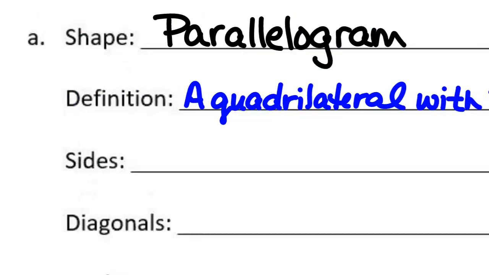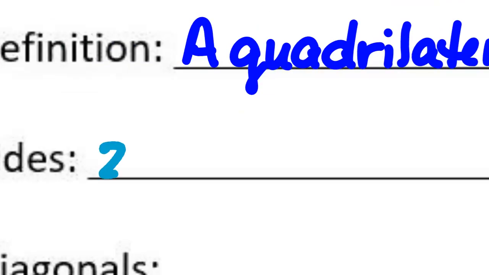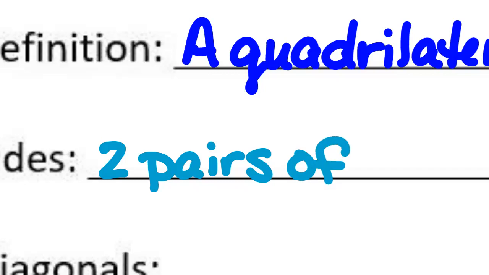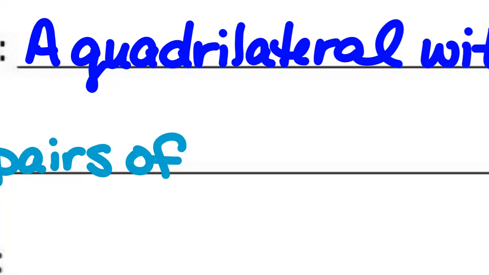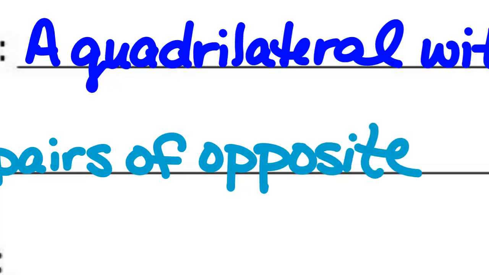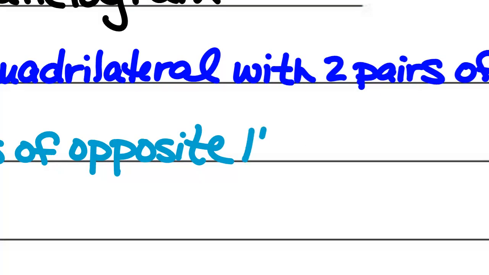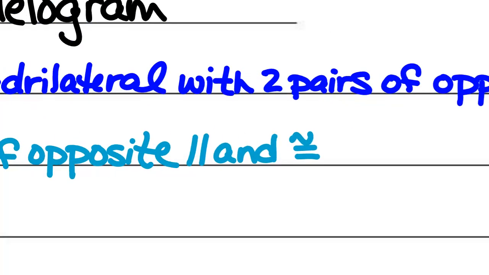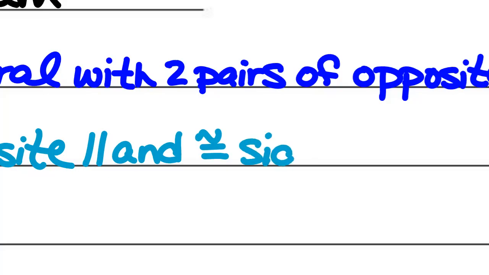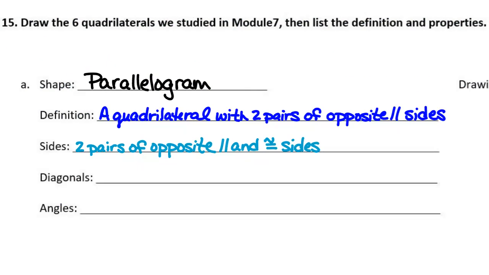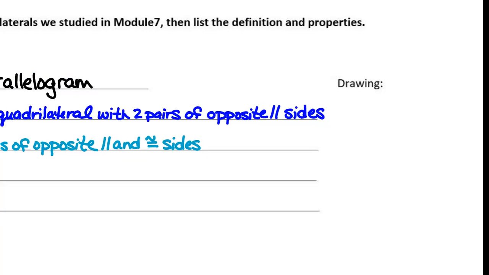And then for our properties of parallelograms, the sides, there are two pairs of opposite and congruent sides. So I'm going to start drawing this figure so that I can add the properties to my picture.